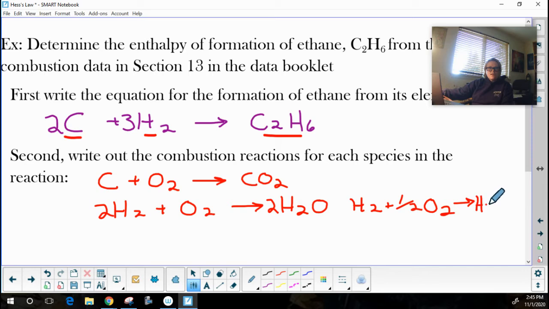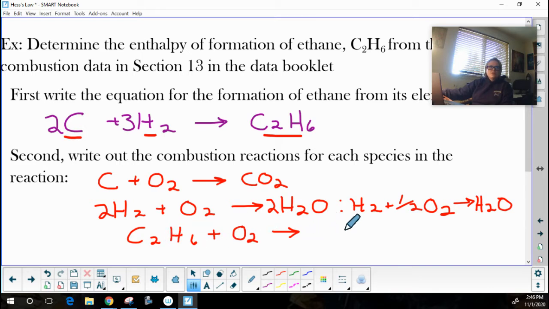In fact, I like that way a little bit better, and you'll see why when we do Hess's law on the next screen. And then the last thing we're going to do is the combustion reaction for ethane. Got to do them for all 3 here, because each one of these combustion reactions has its own particular enthalpy of combustion.